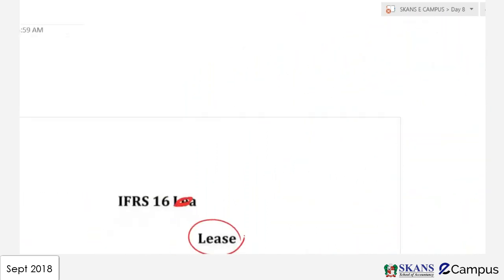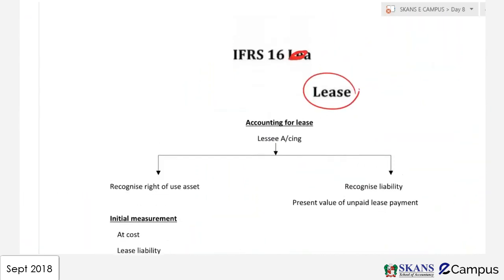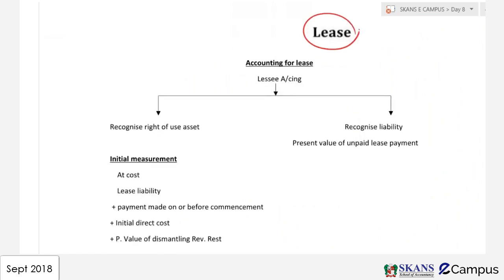Now guys, listen carefully. We are going to do the lessee's accounting, how the lessee, the person who is getting the asset on lease, is going to treat the lease in its own accounting. So what is the accounting model now?